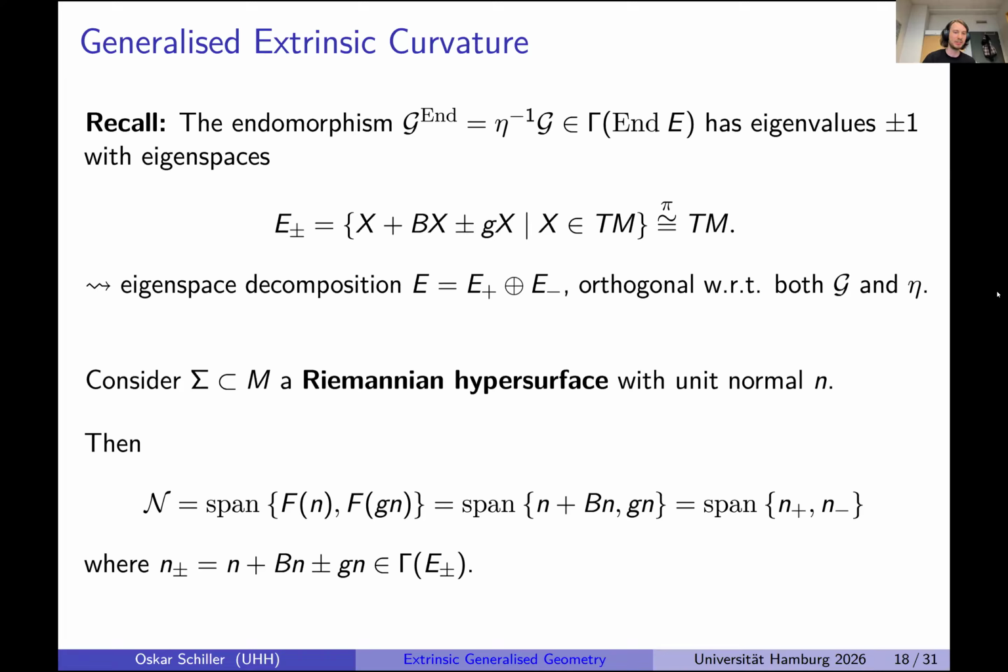The precise formula is given there. It is the normal vector plus the normal vector inserted into the B field, plus minus the normal vector inserted into the generalized metric. Just to remind you of the notation, this means that n inserted into the B field and n inserted into the metric are one forms. And as I described before, you can also forget about the B field, if you will. You can turn that off, and then it's just n plus minus gn.